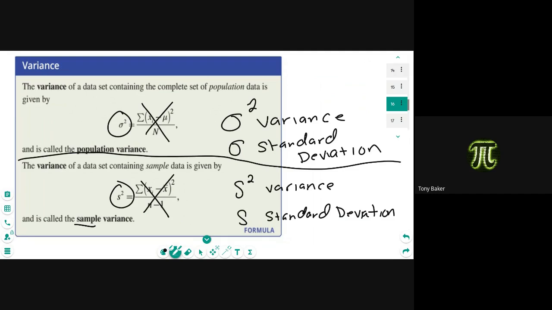The first one was just divided by n. The sample was divided by n minus 1. So it does change it a little bit. The symbols are what's important for you, and understanding the difference between population and sample. If they ask you for a population variance, you're looking for that symbol. If you're looking for a sample variance, you're looking for the s.